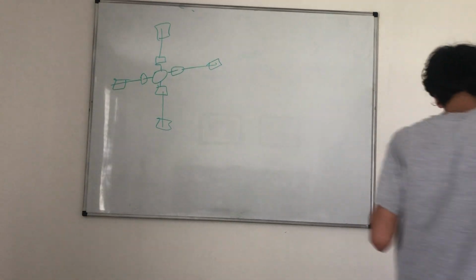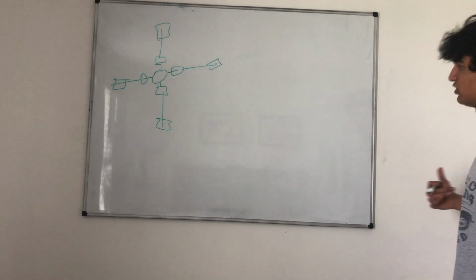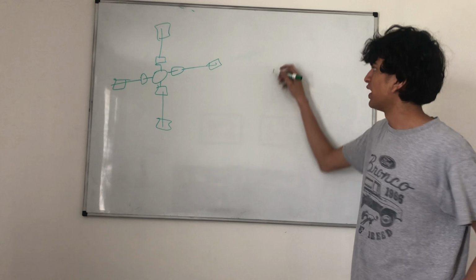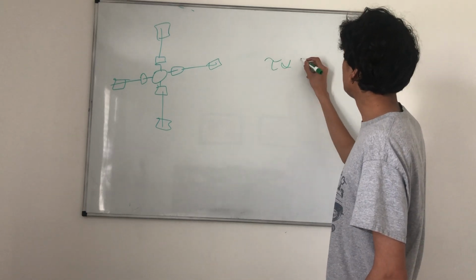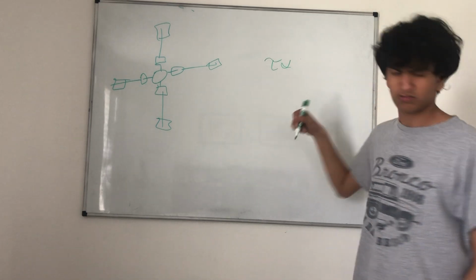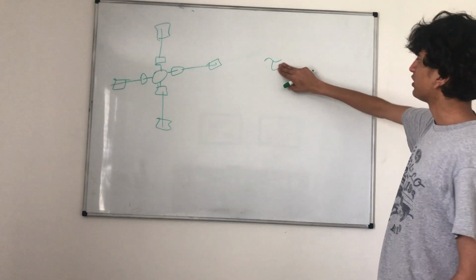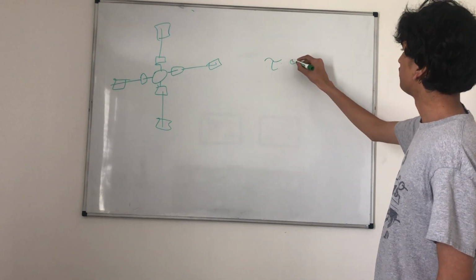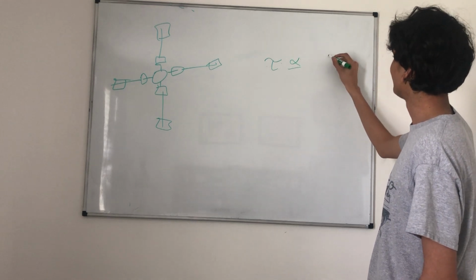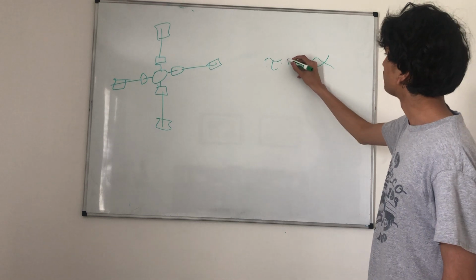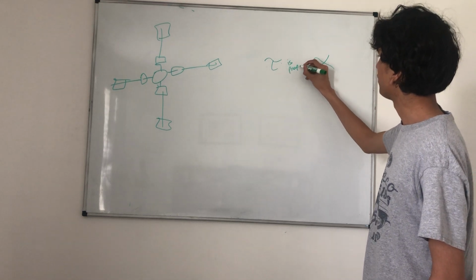So torque net is proportional to angular acceleration. That's the first thing. Torque net is proportional to alpha.